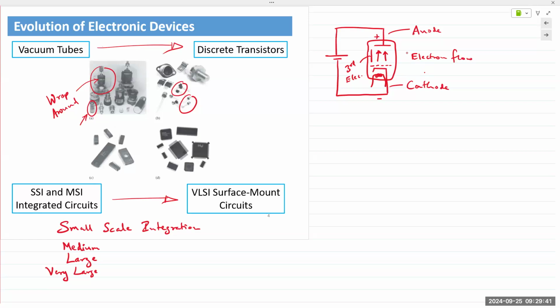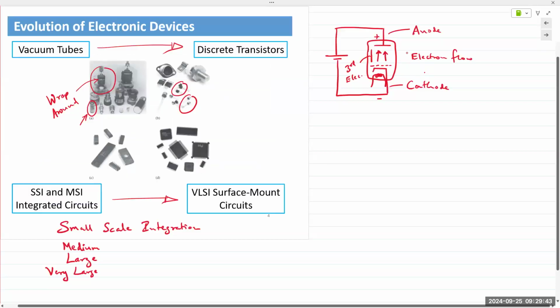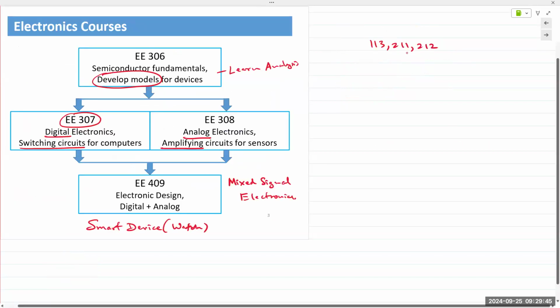If you want to learn how those are fabricated, we do offer a class. It's EE 423. It's actually offered in the BMed department, so it's cross-listed with EE.